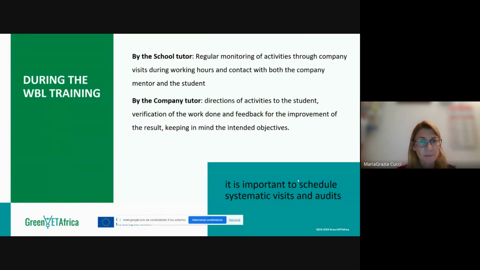your documents. The company tutor, on his part, has to direct the activities of the students, starting from the first day in which he or she, I can't remember the name in English, sorry, says hello to the student.